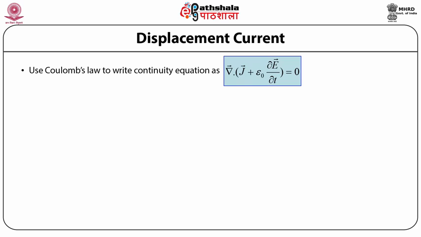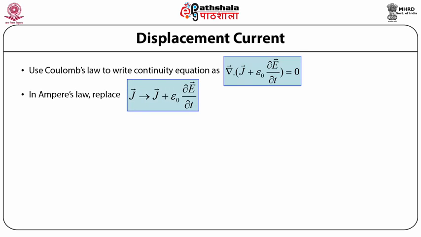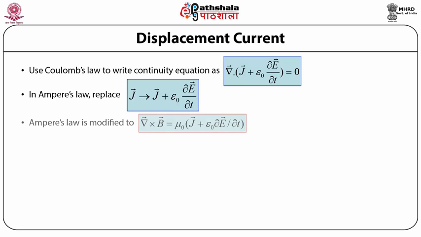So the current density J can then be replaced by two terms, that is, current density J plus epsilon naught times del electric field vector E by del T, and then Ampere's circuital law is modified to the curl of the magnetic field induction vector B is equal to mu naught times bracket open current density J plus epsilon naught times del by del T of electric field vector E bracket close.